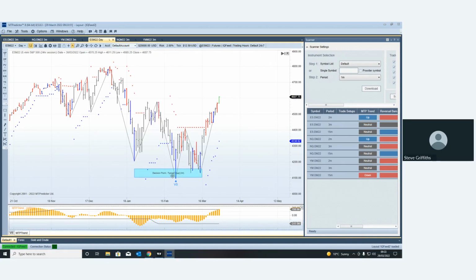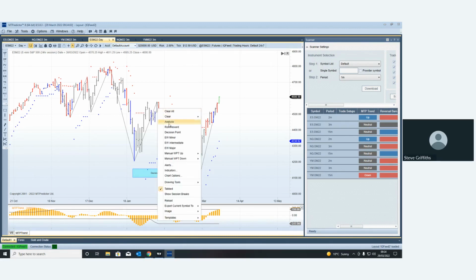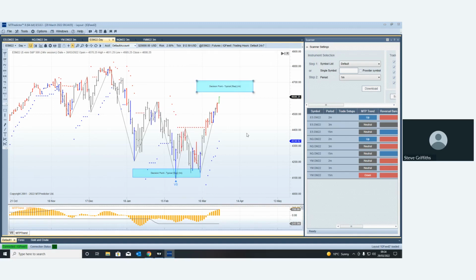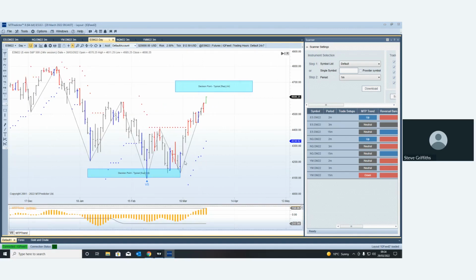So as the market was going down, there was the DP support that came in. Where's the next resistance area? Well, this is the last swing into the low, isn't it? So if we take a DP off that pivot high, that's the next resistance zone.